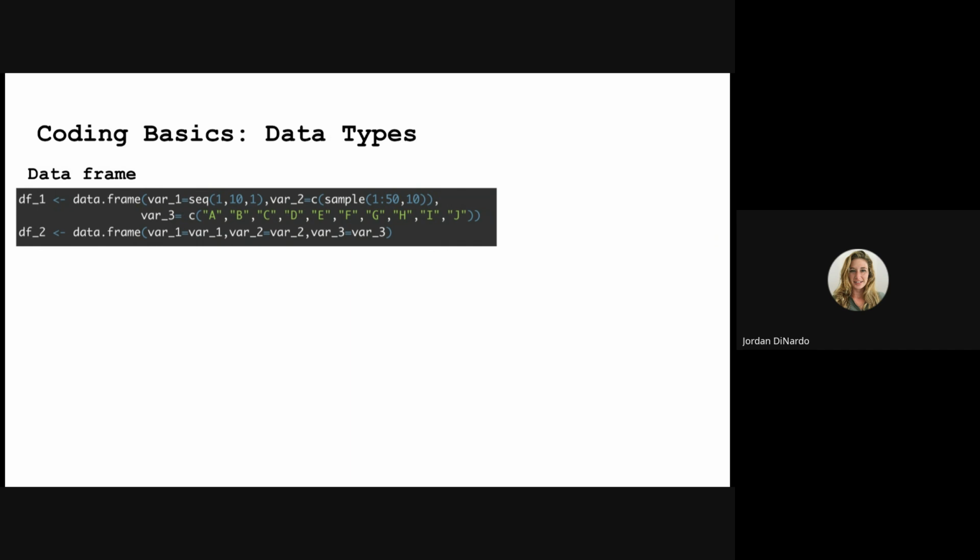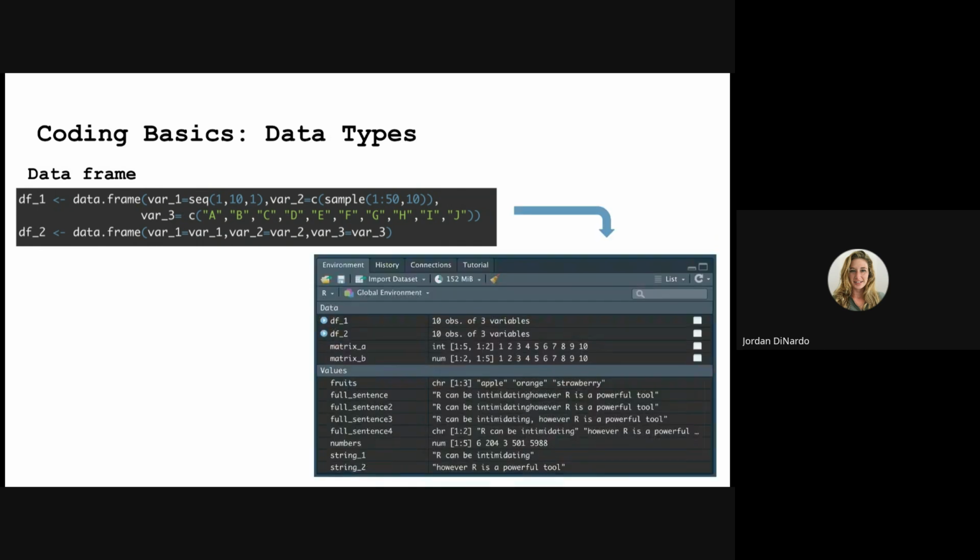You can create the vectors first and then feed the vectors into whatever sort of column name you'd like. I just happen to use the same column name as what the vector is called here. Okay, so now you will see here that both df_1 and df_2 look to be the same. 10 observations, meaning 10 rows, 3 variables, 3 columns.